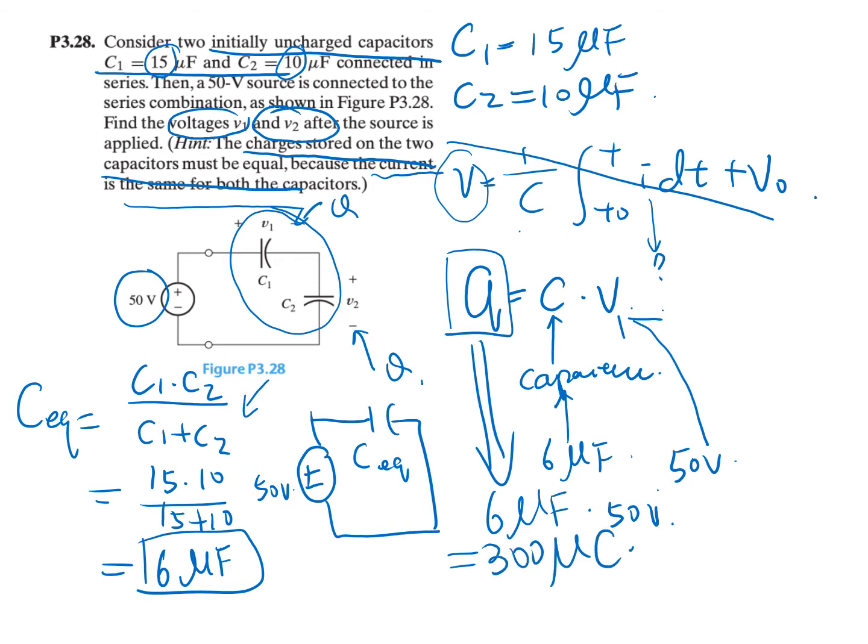Well, this is also the same charge value for C1 and C2, so we can easily calculate V1 and V2. V1 is Q over C1, V2 is Q over C2, and substitute in the values for C1 and C2, you can get V1 is equal to 20 volts, V2 is 30 volts.